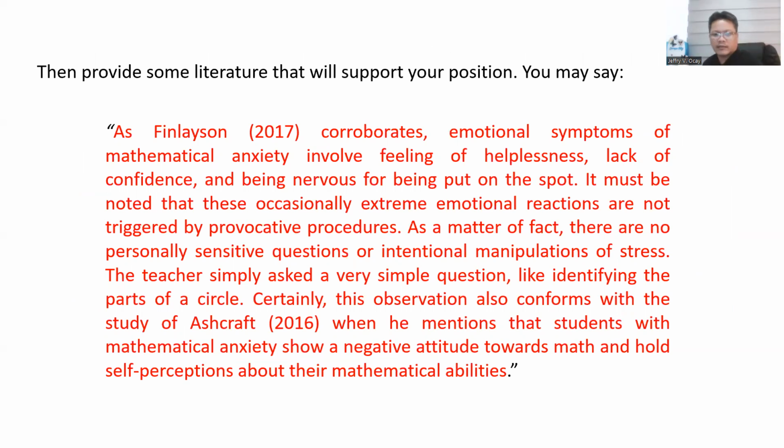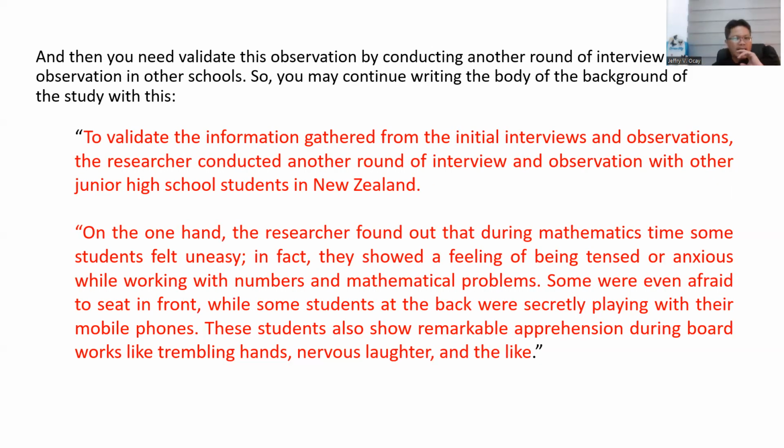Again, just to reiterate, we made a bold claim in the previous statements that, for example, trembling hands, nervous laughter, and the like are concrete manifestations of mathematical anxiety. The question is, how do you know that these are concrete manifestations of mathematical anxiety?